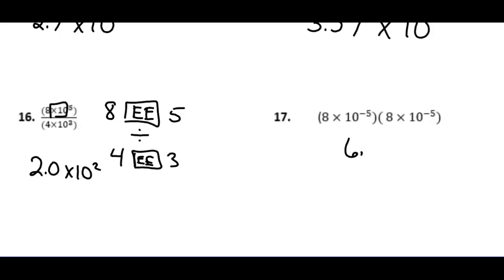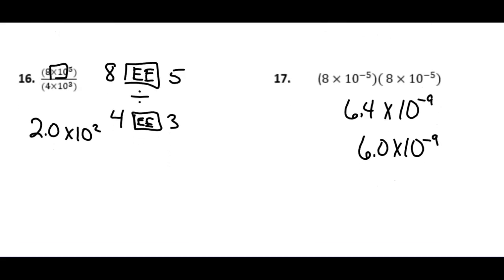This, you may have 6.4 times 10 to the negative 9, depending on your calculator, or you may have 6.0 times 10 to the negative 9. Either of those is acceptable. If you had 64 times 10 to the negative 10, that doesn't work because this isn't in scientific notation.